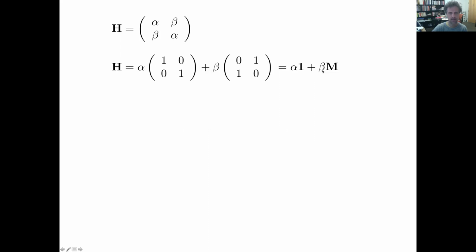And the matrix that is written here right behind beta, I call M. M is not a diagonal matrix, clearly, because it has off-diagonal elements. So the Hamiltonian matrix is written as something that has only diagonal elements with alphas, and something that only has off-diagonal elements, and that matrix I call M.